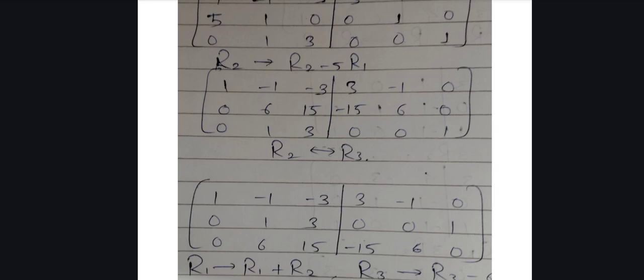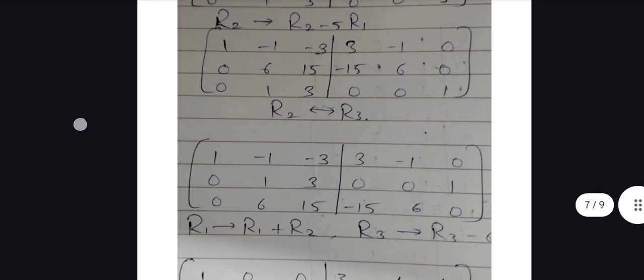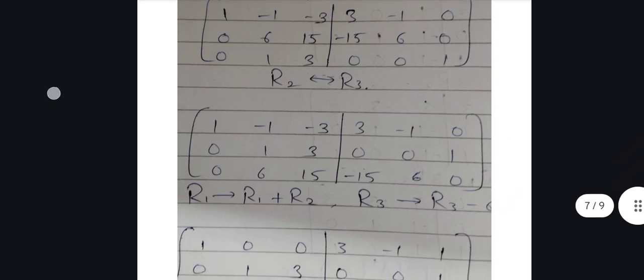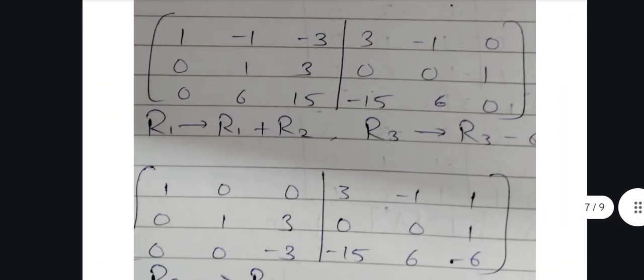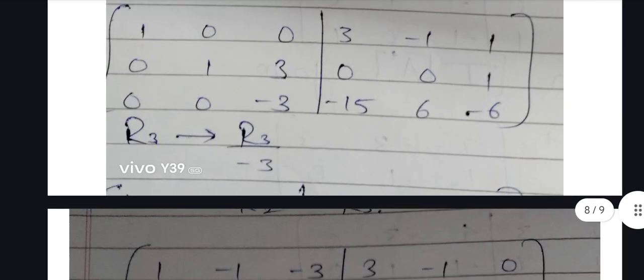Now we are going to interchange R2 and R3. So we will get 1 in the second row. So in R1 and R3 we are going to apply some changes. We are going to do some changes in R1 and R3 by dividing R3 by minus 3.